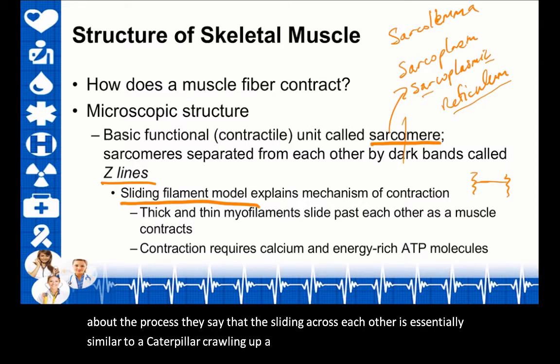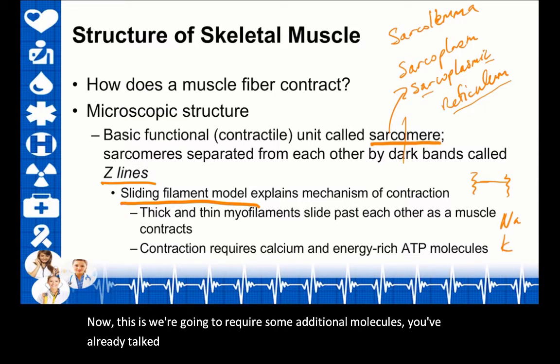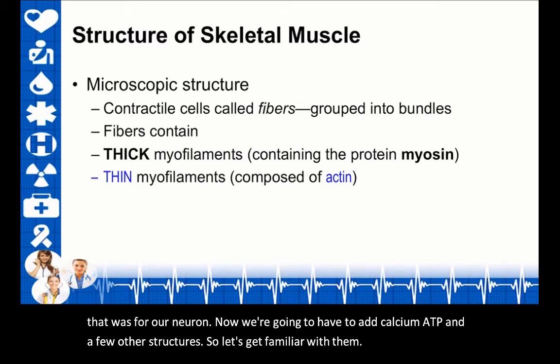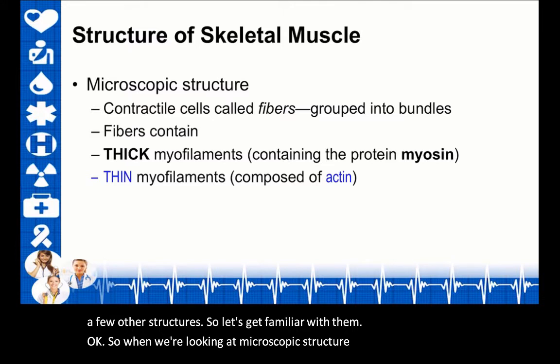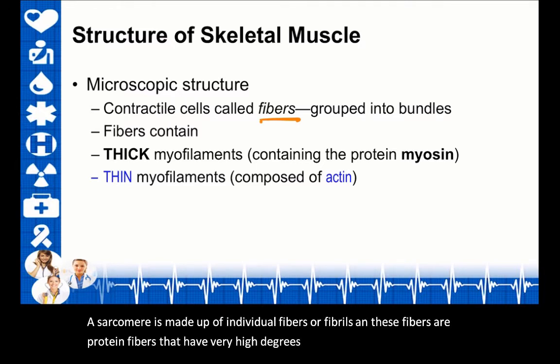Now, this is going to require some additional molecules. We've already talked about sodium and potassium's role in depolarization of cells. That was for our neuron. Now we're going to have to add calcium, ATP, and a few other structures. So let's get familiar with them. Okay, so when we're looking at microscopic structure, a sarcomere is made up of individual fibers or fibrils, and these fibers are protein fibers that have very high degrees of being wound together and formed.